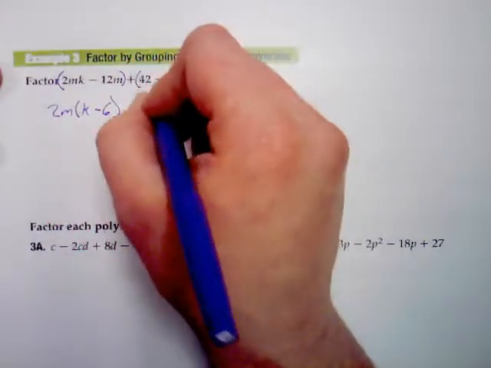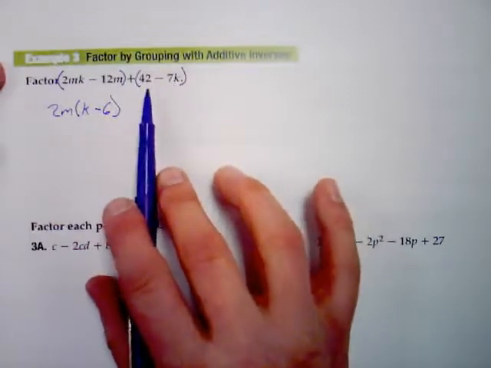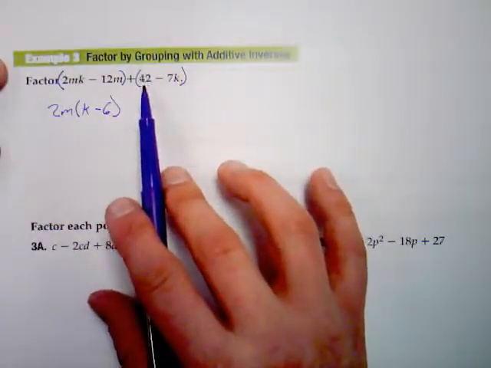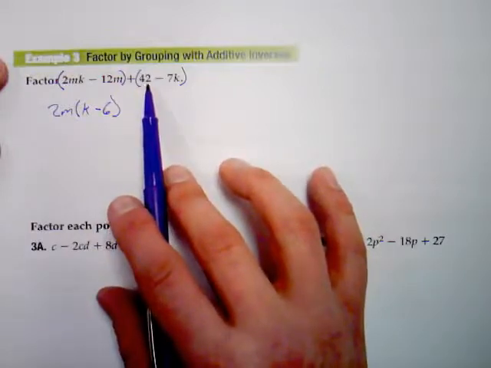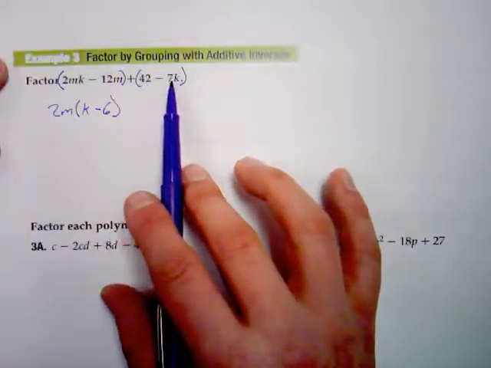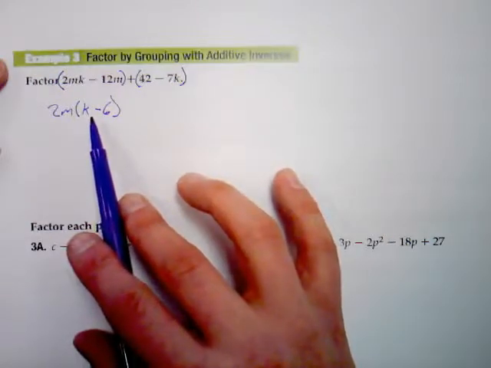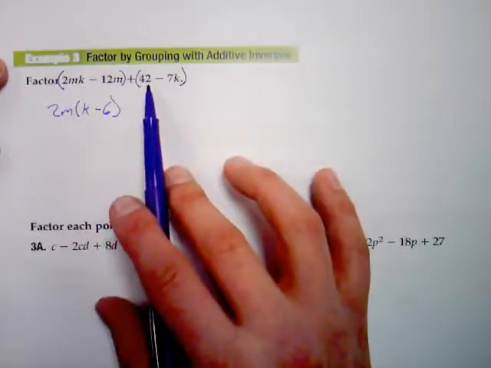Now, take a look at the next set of parentheses, 42 minus 7k. If I just factor out the GCF, the greatest common factor, of 7, I'll be left with 6 minus k. Is 6 minus k the same as k minus 6? No, it is not. So I can't just factor out a 7.